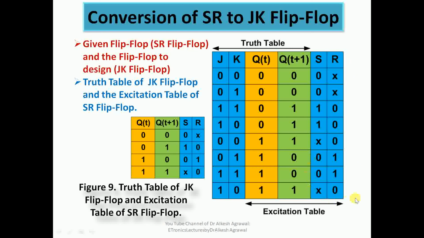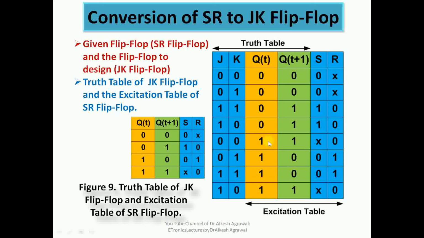So this excitation table is as per the SR flip-flop. From this excitation table, when Qt and Qt plus 1 are 0 0, we have 0 cross. So for these two rows, for 0 0 we have filled 0 cross. When Qt is 0 and Qt plus 1 is 1, S and R are 1 0, so we have put 1 0 and 1 0.